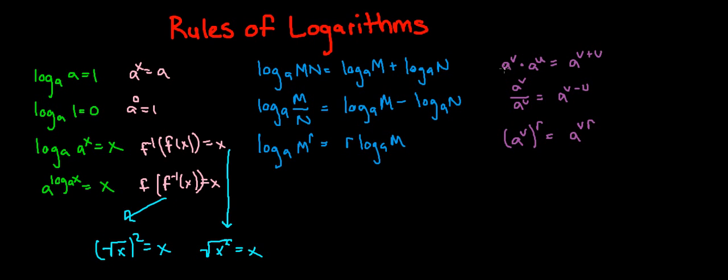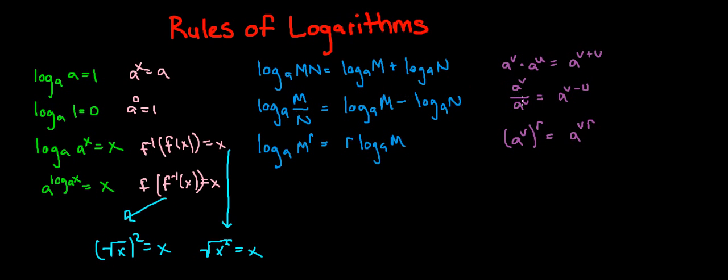If I have identical bases, a raised to the v times a raised to the u, it's the same thing as a raised to the v plus u. And that's kind of what this is saying. This is saying if I have a log base a of m times n, I can write that as a sum. And that's what this is saying. If we have the same base and we're multiplying together, we can write it as a sum of the exponents.